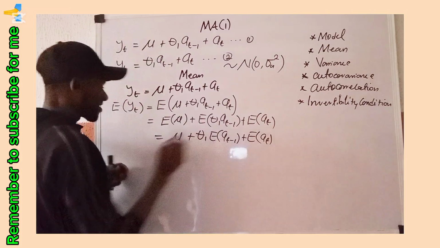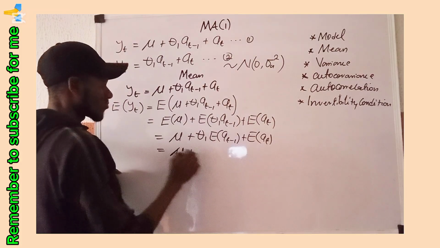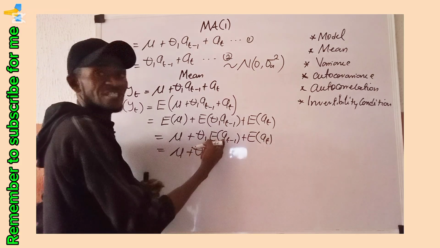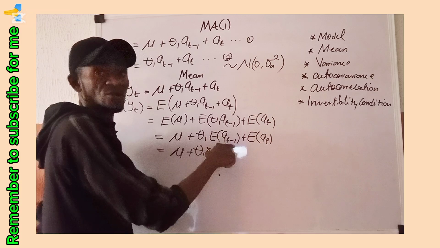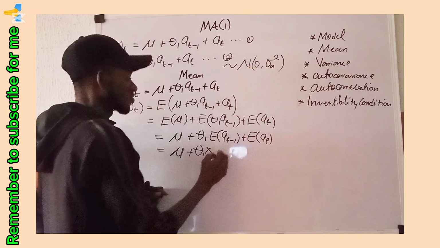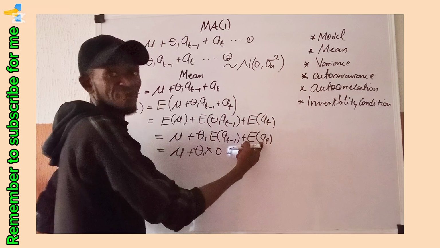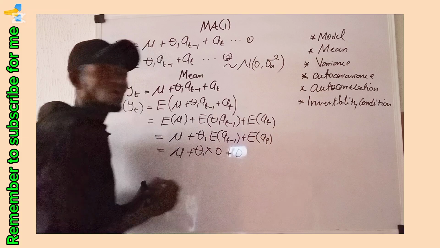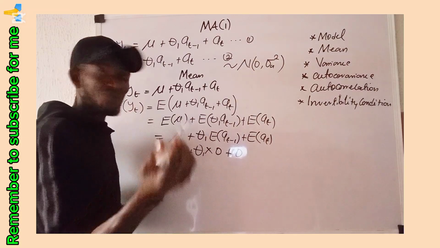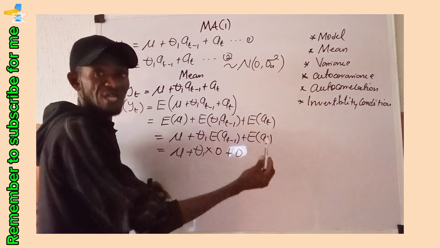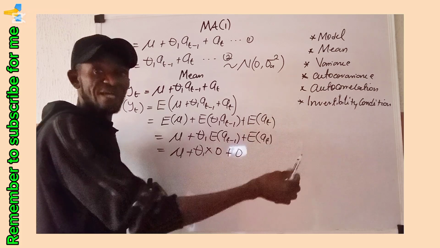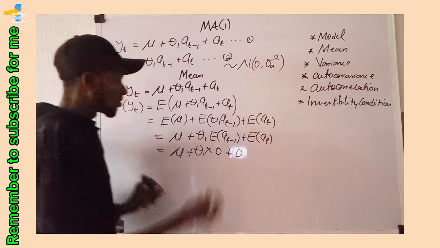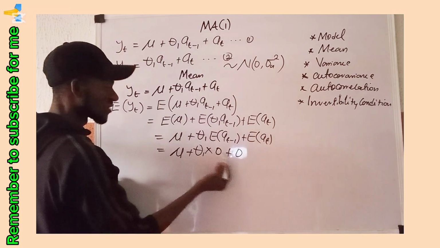So when we come here, it becomes mu plus theta 1 multiplied by the expected value of the error term at t minus 1, which of course is 0, so 0 plus the expected value of the error term at time t, which of course is 0. Reason being that the mean of the error term at every point in time is 0, as long as we are discussing a stationary model. So 0 plus 0 is 0.